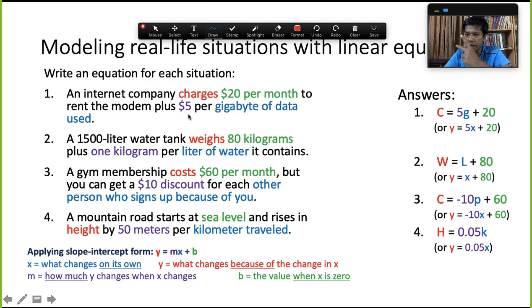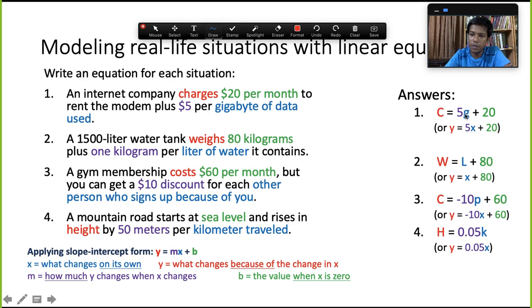If you use 2 gigabytes, it will become 10. If you use 3 gigabytes, it will become 15. So this number is not fixed. It will change depending on how many gigabytes you are using. But this $20 monthly rent is fixed. That's why 20 is there, and 5 times G, because this G value will change.